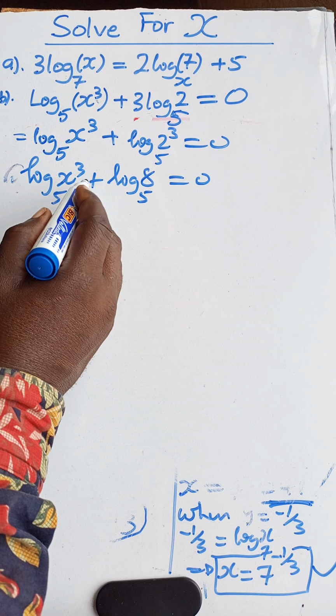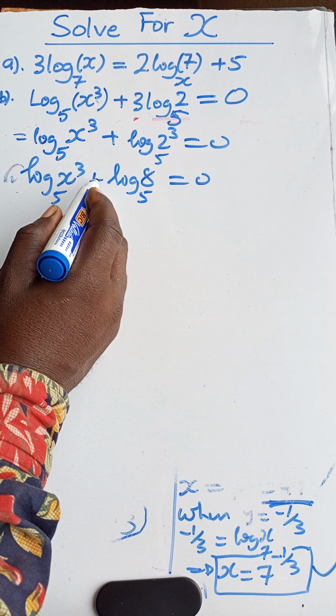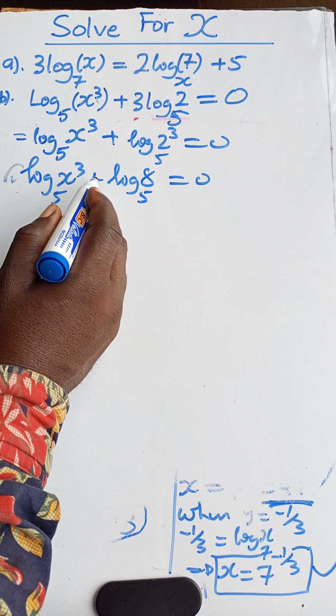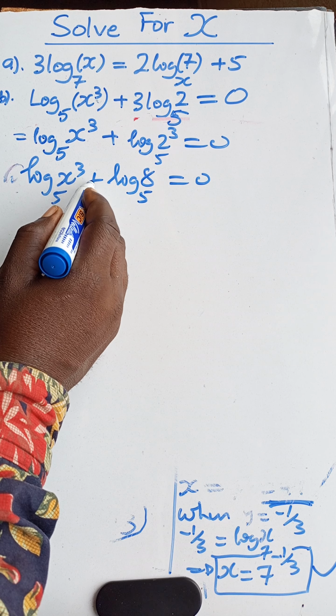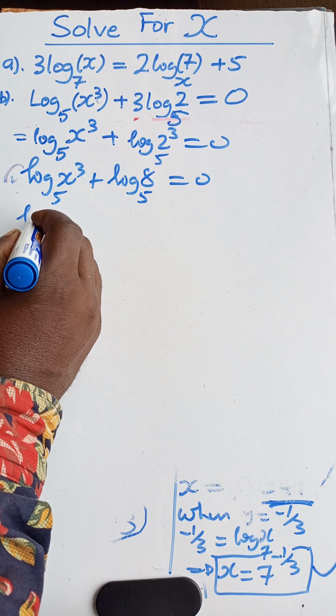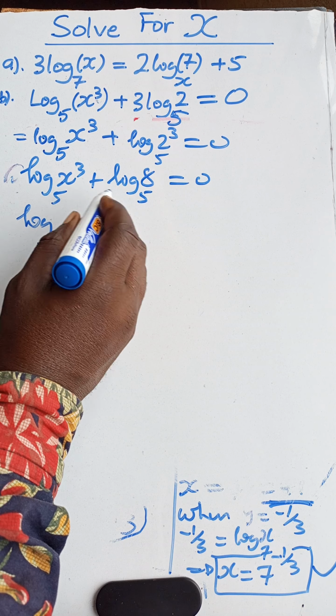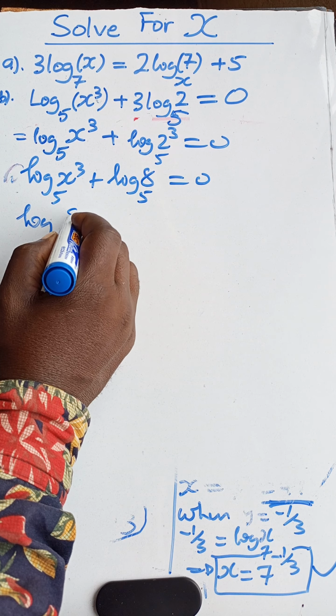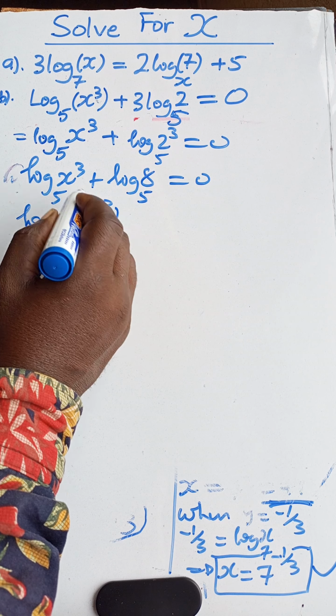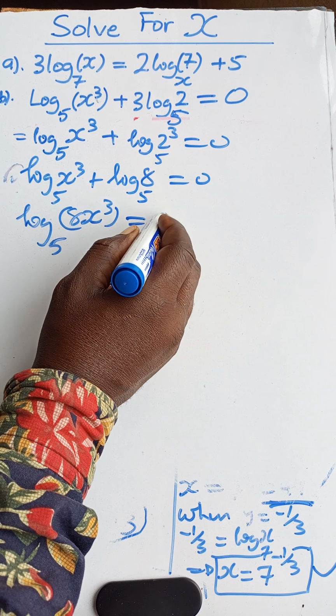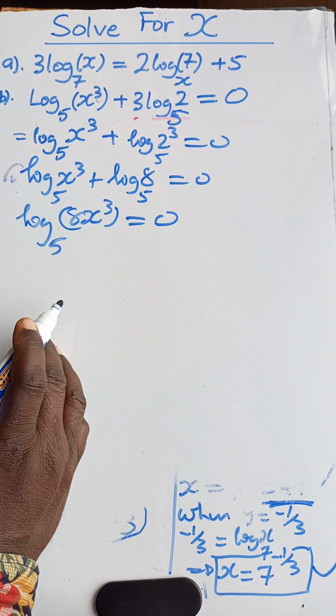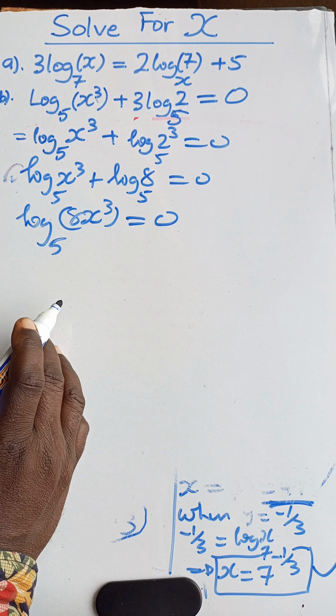Now, the addition law says that we actually multiply. The bases are the same, base 5, so it becomes 8x cubed. We multiply this and that. 8x cubed is equal to 0, and we are to solve for x.